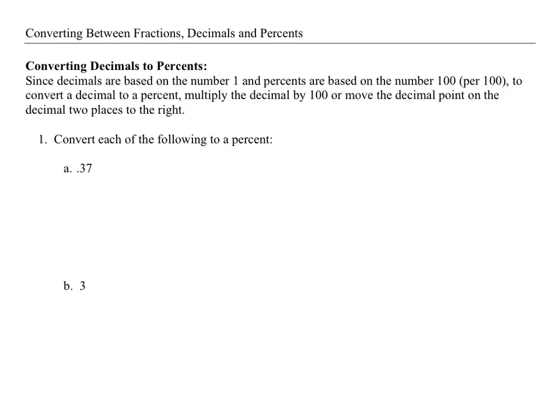This lesson is converting between fractions and decimals, decimals and fractions, fractions and percents, percents and fractions, and decimals to percents, percents to decimals. Just as a brief review of percents, percents are based on the number 100, whereas decimals are based on the number 1.